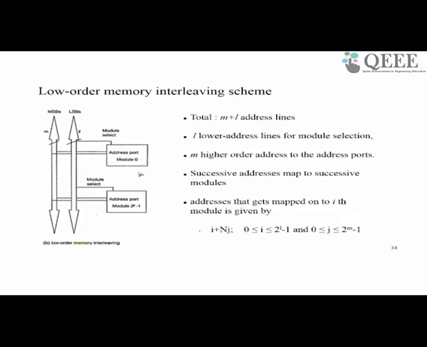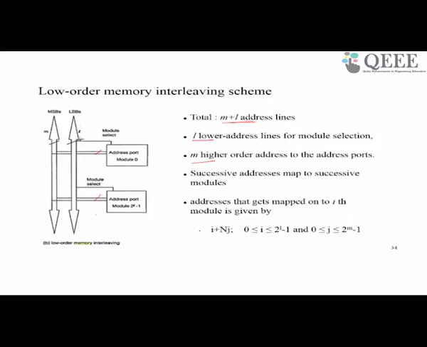We have another memory interleaving scheme that is called the low order memory interleaving scheme. In this scheme, what we do is we divide the total number of lines, m plus l lines, into two groups, m and l, where l lines are of low order, m lines are high order. We connect all the high order m lines to the address port of all these memory modules.